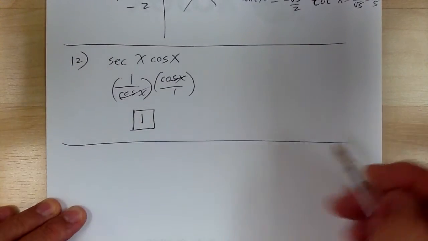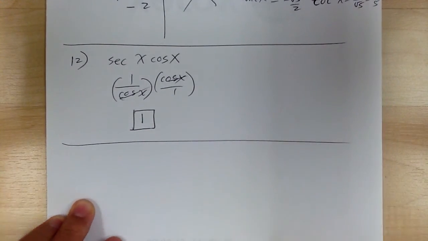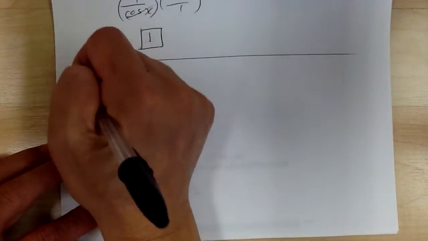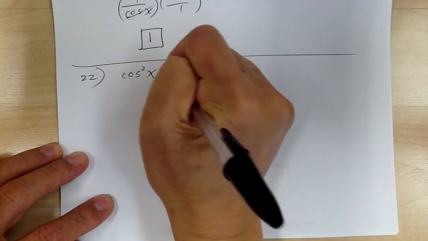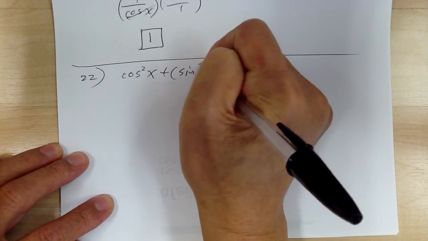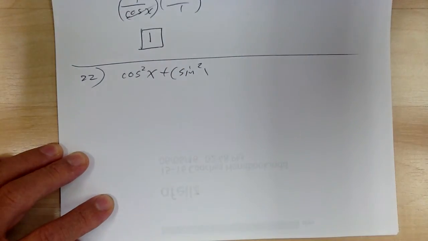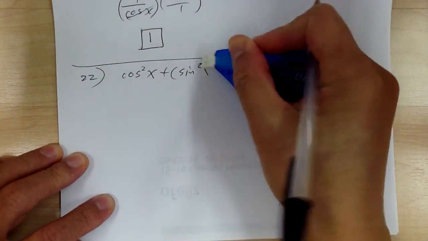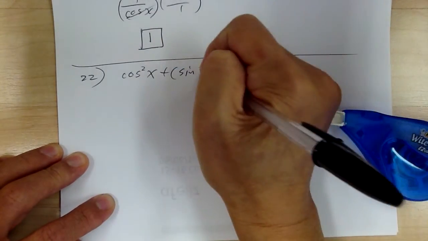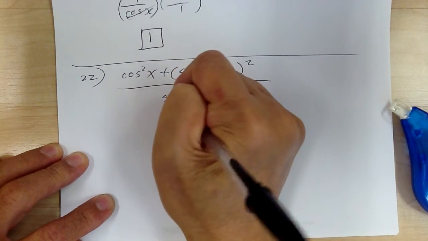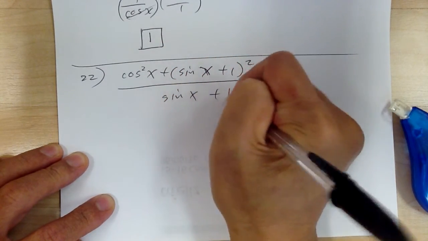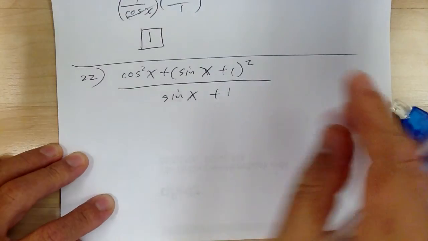Okay, so now let's go ahead and do number 22. Number 22 is just basic algebra. Everything is already sine and cosine, but you have the square and parentheses and all that.